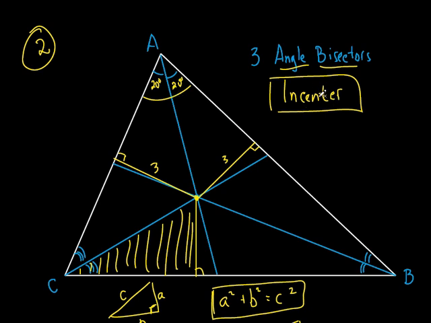Now, what's special about the incenter? Well, the incenter, let's write it down. We didn't write it down. It's equidistant, or the same distance. Equidistant, all right? It's equidistant from the sides of the triangle. So the incenter is the same distance. That's what, right? Equal distances.